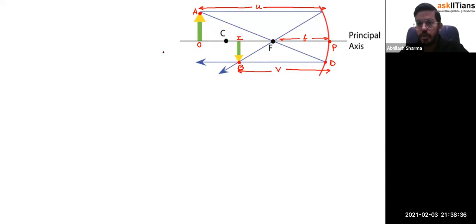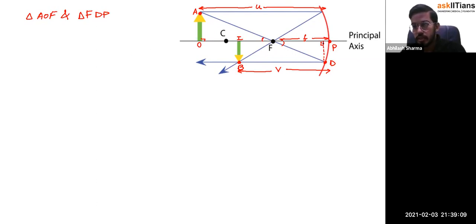First of all, I would like you all to look into the triangles AOF and FDP. These two triangles you will find to be similar. Why? Because this is vertically opposite angles. They are equal. This angle is 90 degrees. And here I can drop a perpendicular that is also 90 degrees. So by angle-angle properties, these two triangles are similar.